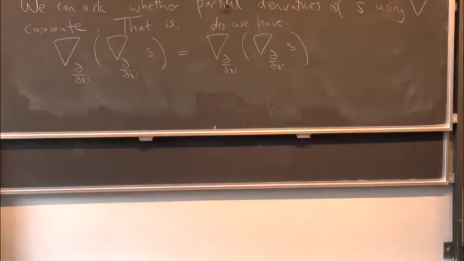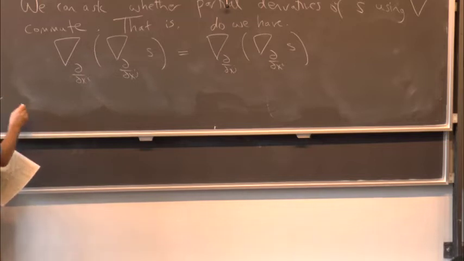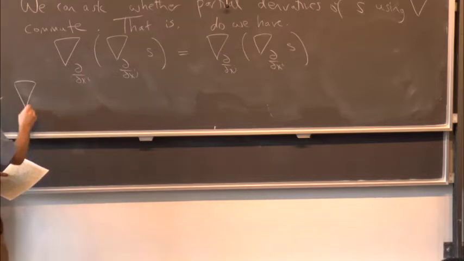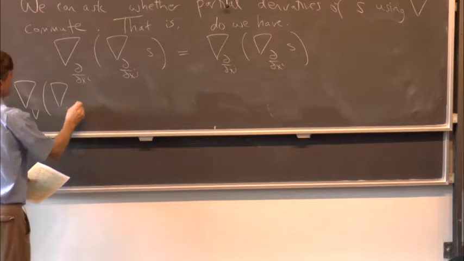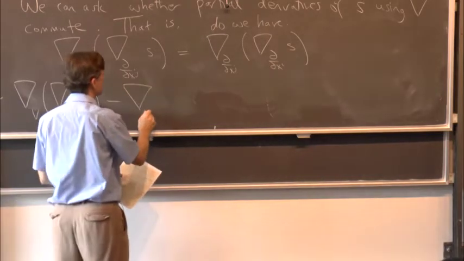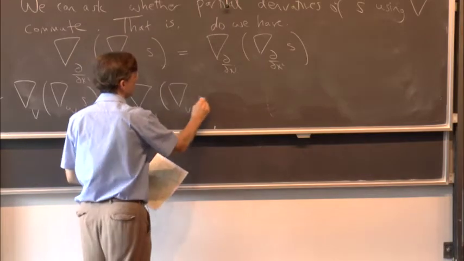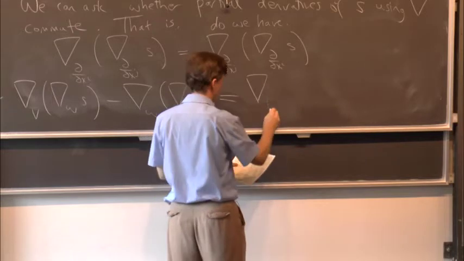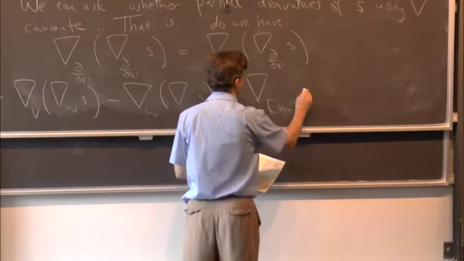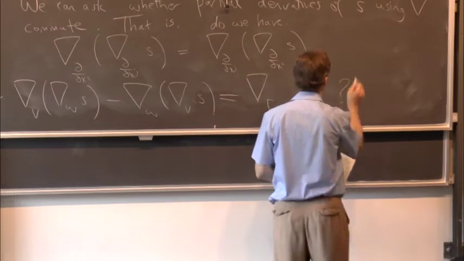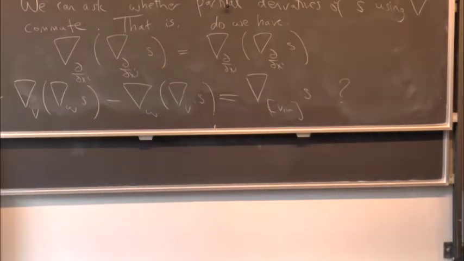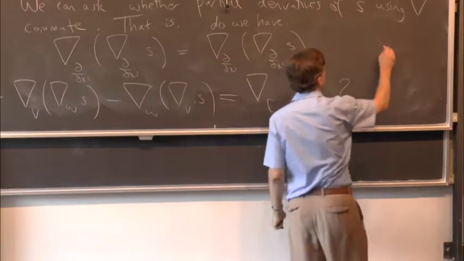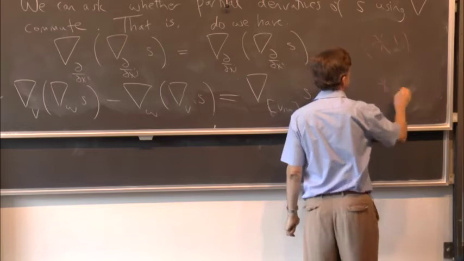for local coordinates like that, or alternatively we could say ∇ in direction v of ∇ in direction w of s minus ∇ in direction w of ∇ in direction v of s equals ∇ in direction [v, w] of s. And perhaps we'll give these equations numbers, star 1, star 2.